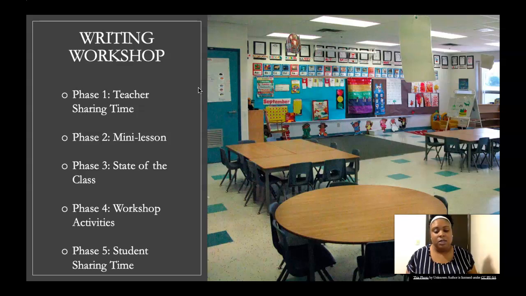So some things that you can do if this happens is you can establish guidelines for your peer conferencing. You can do something as simple as saying you have 1 minute to conference with a partner or a peer if you have any questions about your writing. And you can have timers, or you can even set your own personal timer so that you're aware of what's going on in your class.